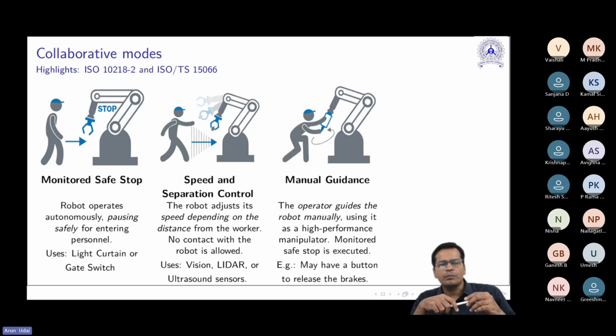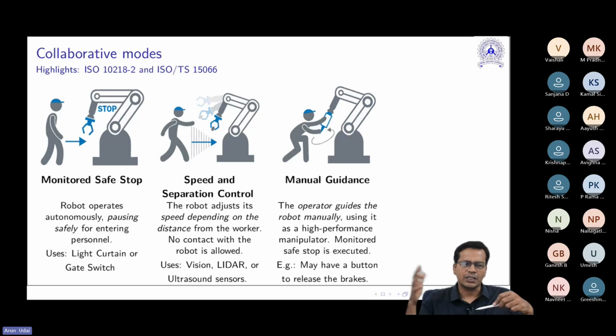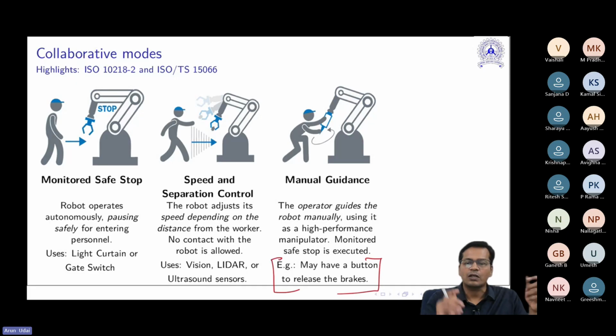But this can now be done manually because the robots are soft. You can drag the robot using manual guidance, using it as a high performance manipulator. You can program it also. It may have a button. So this is to be noted. Sometimes the robot is not compliant. What the vendor does is, basically, there is a button.